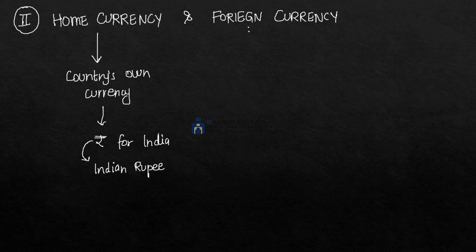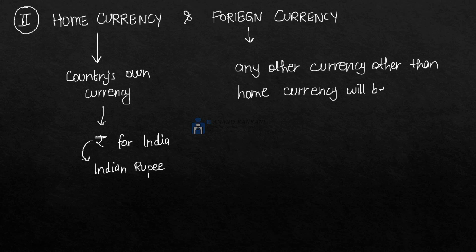So the country's own currency becomes home currency, and any currency other than home currency is foreign currency. For India, US dollar is a foreign currency, yen is a foreign currency, pound is a foreign currency. Whatever is other than the rupee will be foreign currency.